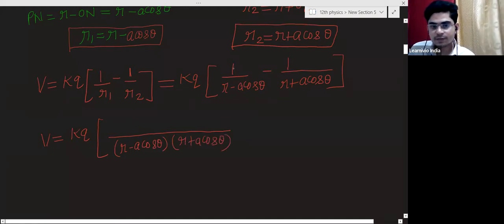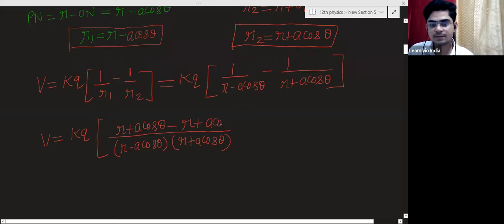This term is multiplied by 1, so we write R plus A cos theta, minus R, and multiplying with minus 1 gives minus R plus A cos theta.